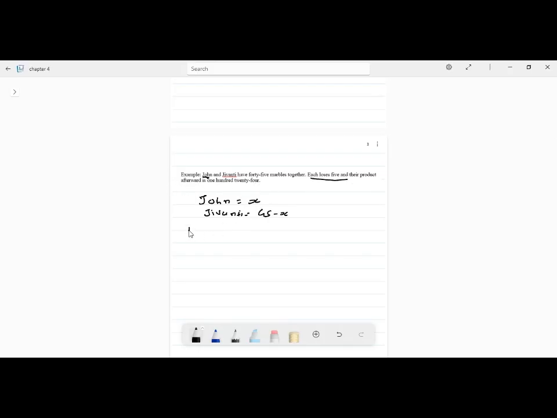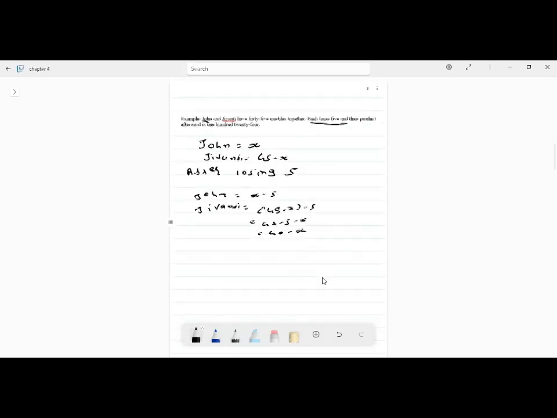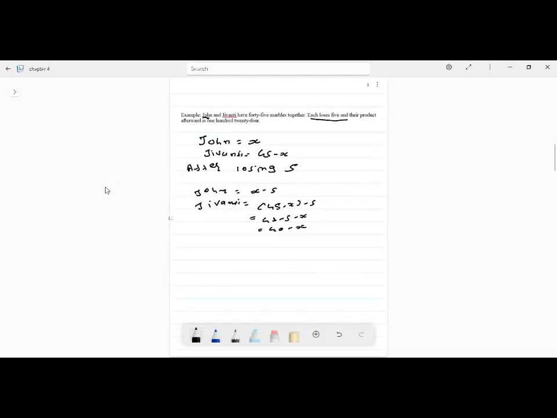So after losing 5 marbles, John should have x minus 5 and Jivanti should have 45 minus x minus 5, which is equal to 45 minus 5 minus x, which is equal to 40 minus x. Now the product of marbles after losing is 124.